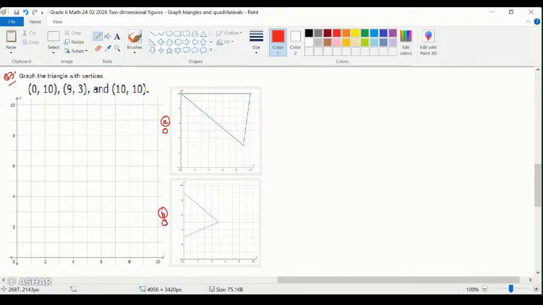Can we see a 0, 10 and 10, 10? 0, 10 would mean it is over here, and a 10, 10 would mean it is over here. So which question would have this kind of a line? Question number 3. Question number 3, option A or option B?